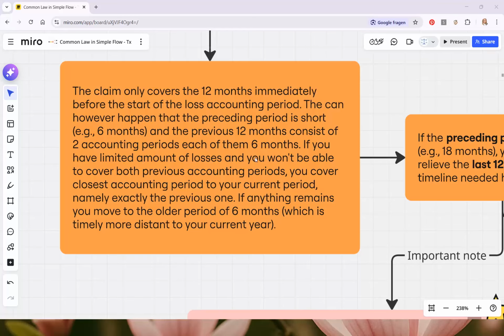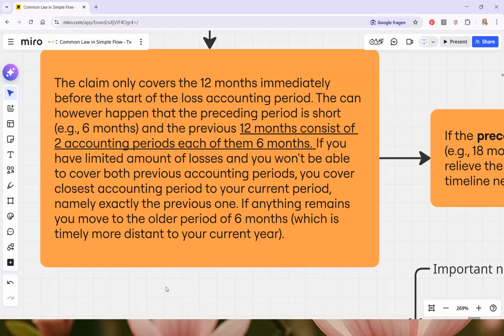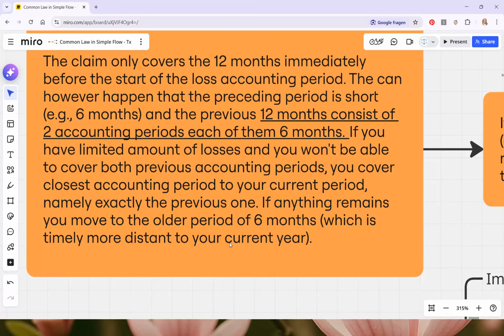If you have a limited amount of losses and you won't be able to cover both previous accounting periods, you cover the closest accounting period to your current period, namely exactly the previous one. If anything remains, you move to the older period of 6 months, which is more distant in time from your current year.